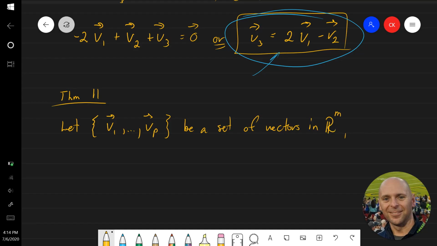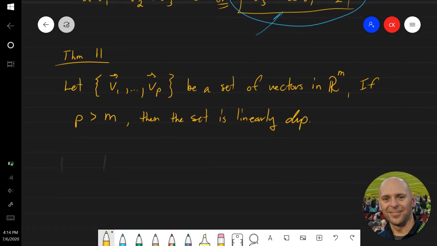Then what we get out of this, it says if P is bigger than m, so if I have more vectors than the size of the space, then the set is automatically linearly dependent.